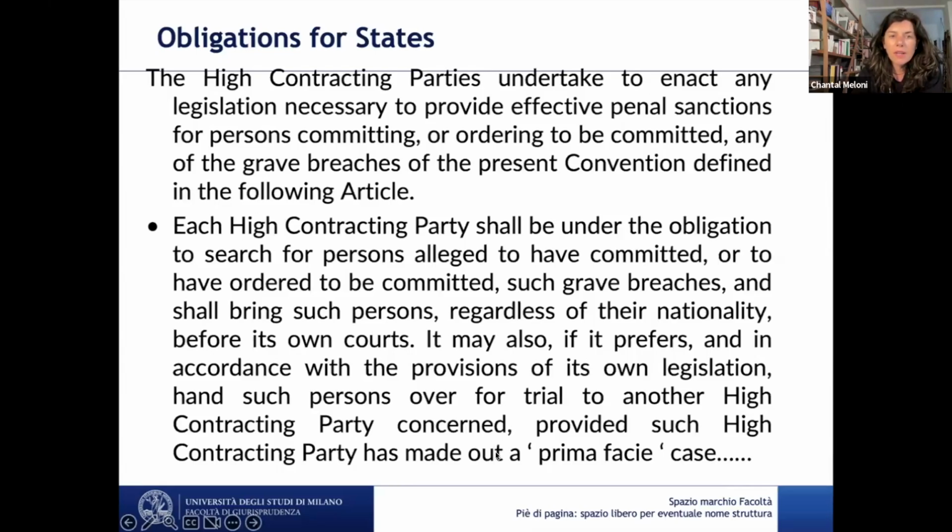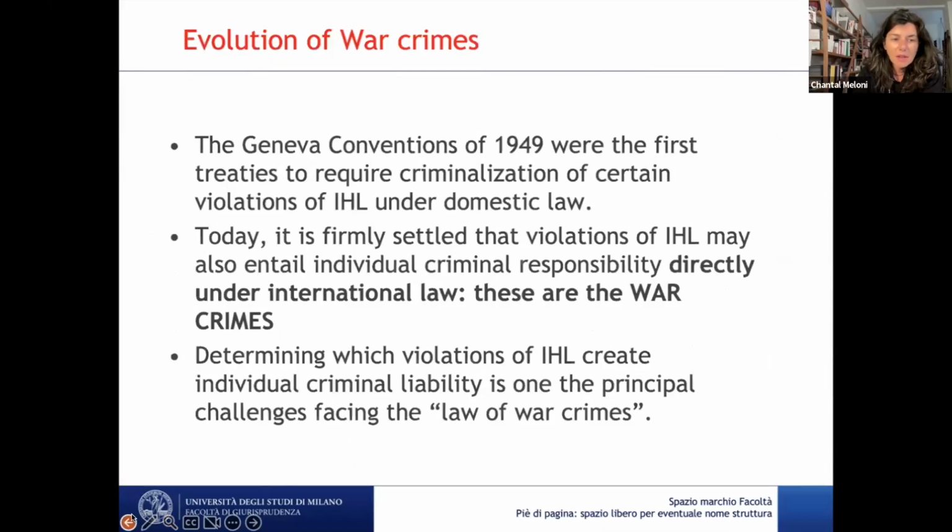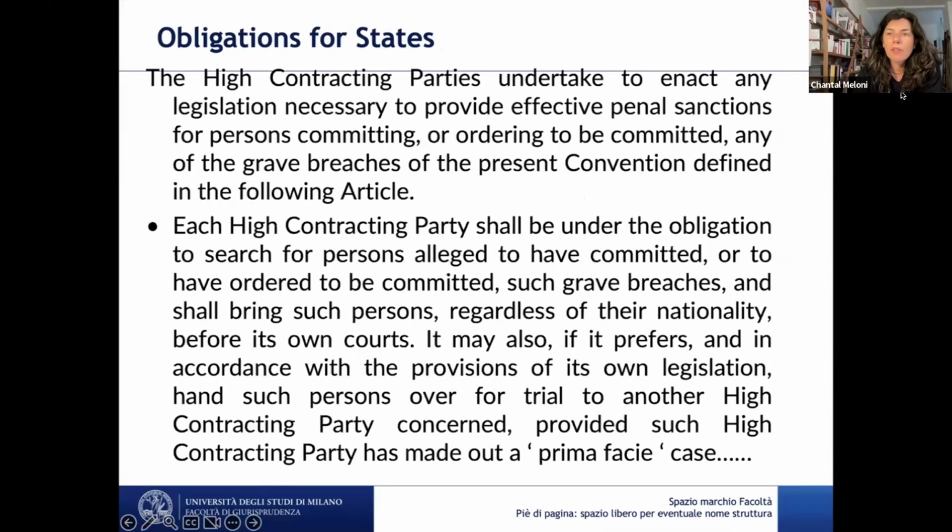And moreover, each high contracting party, meaning each state, shall be under the obligation to search for those who are alleged to have committed, or to have ordered to be committed, such grave breaches, and shall bring such persons, and this is very important, regardless of their nationality, before its own courts.